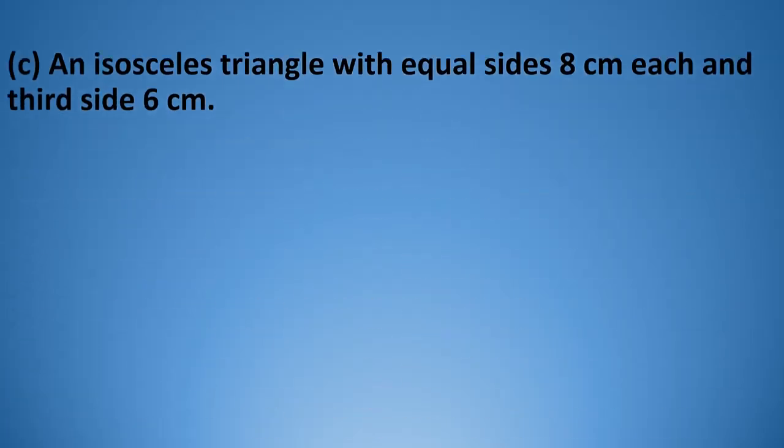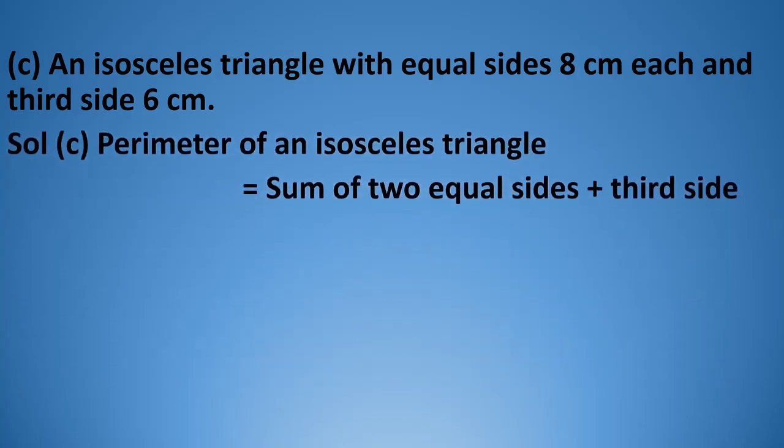In the next, you have to find the perimeter of an isosceles triangle with equal sides 8 centimeter and third side 6 centimeter. So perimeter of an isosceles triangle is the sum of two equal sides plus third side.